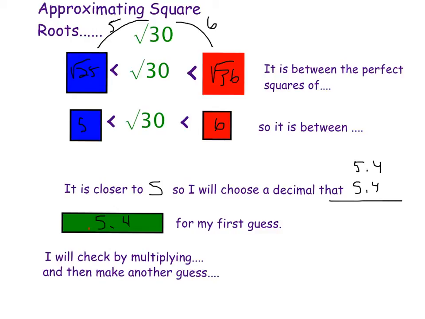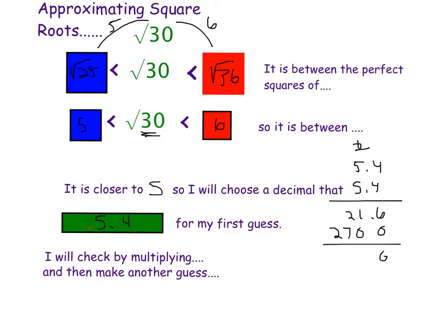Now remember, it's not exactly 5.4. It won't be exactly 30. We're trying to get close to 30. So 4 times 4 is 16. 5 times 4 is 20. 5 times 5 is 25. Carry the 2, so 27.